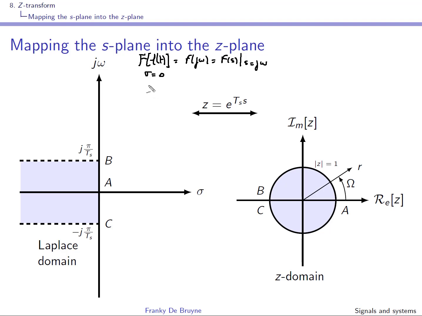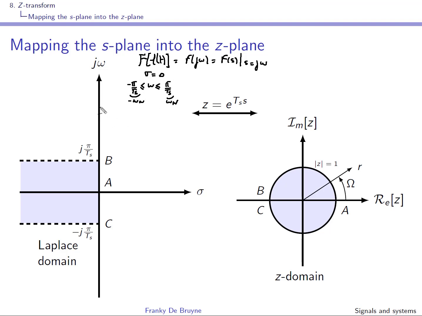The Nyquist condition says that the signals that we are going to consider must be band limited. This means that they have support between minus pi over ts and pi over ts, where minus pi over ts is minus the Nyquist frequency, and this is the Nyquist frequency. So why do we need this condition?